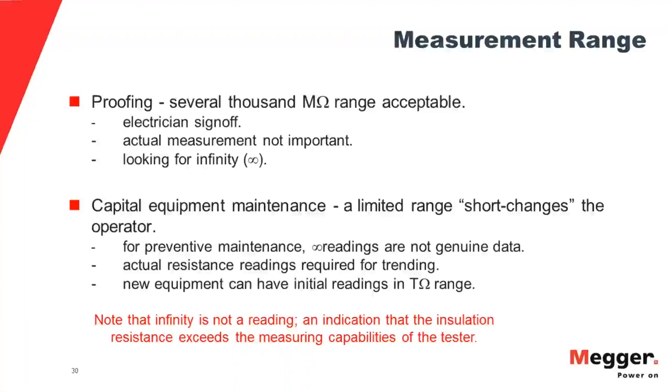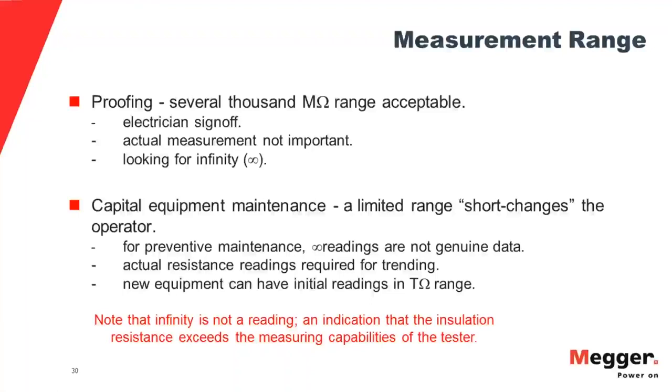In those cases, you can buy relatively simple, relatively inexpensive insulation testers that give you enough range. The old, what we call major megas, typically went up to about 2 gigohms. Nothing is bad at 2 gigohms. If you have a tester that measures to that range, that's all you need to determine whether something is good or bad.